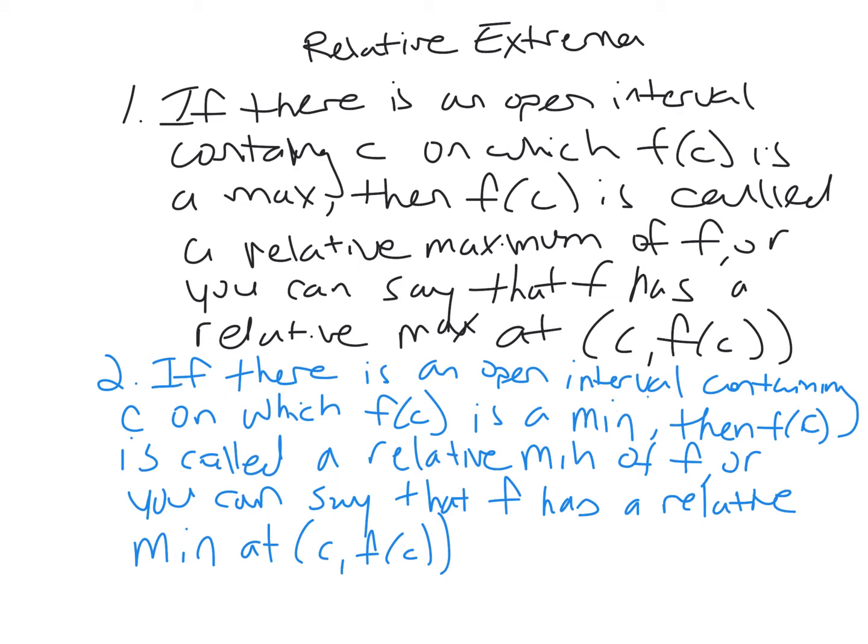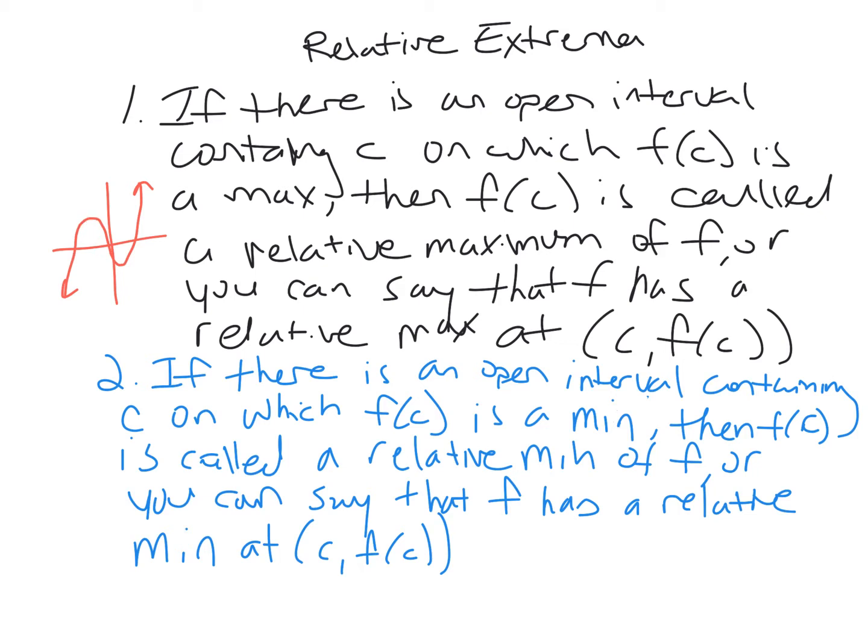Because sometimes our graphs, as you have seen many graphs through our time, could look something like this, for example. And we know that's going to keep going up forever, right? But right here, if we had the interval from here to here, the relative max would be right there. That's still an important point we want to know so we can know when it changes from increasing to decreasing.